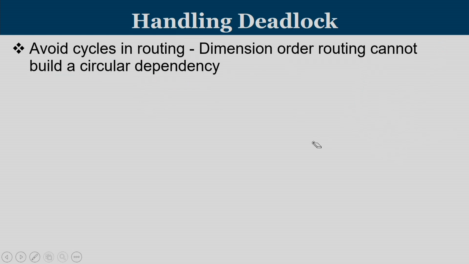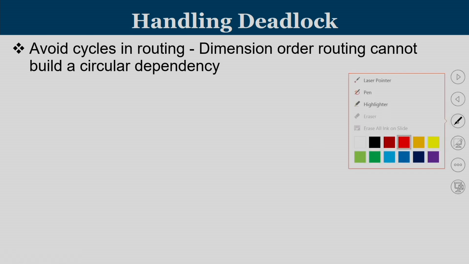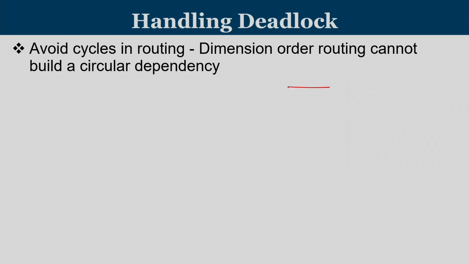Let us try to revisit what are those 4 turns. This happens, this happens. Similarly, this happens, and at the same time these are the turns that are happening, because you travel along the x dimension, then y.